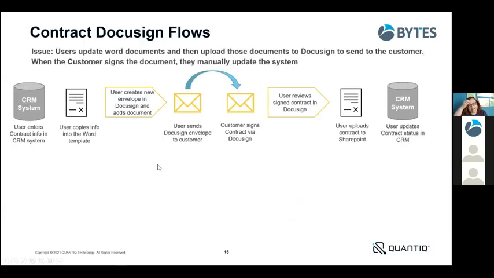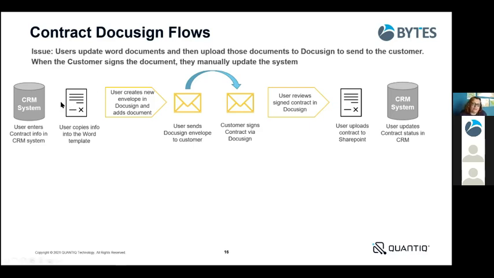This next one is a little bit more complicated. So this is a system for a large care home provider. When they're ready to ask their new residents to sign on the dotted line, they're currently manually populating a Word template. So they've got all their information in their CRM system about the customer, their address, their care assessments, all of their needs.